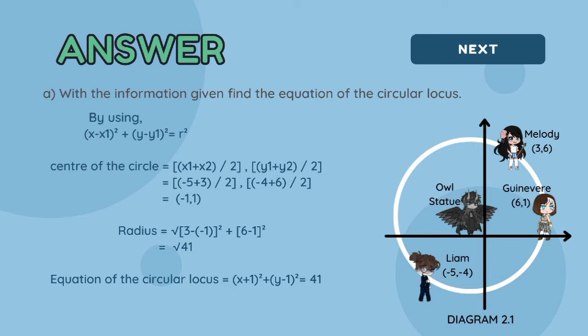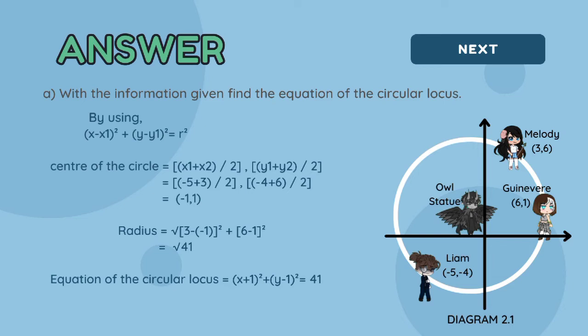Okay, first we need to find the center of the circle. We can find the center of the circle by using the midpoint of the coordinates. So substitute negative 5 plus 3 over 2 and negative 4 plus 6 over 2, and we get the coordinate of the center of the circle, which is negative 1, 1.